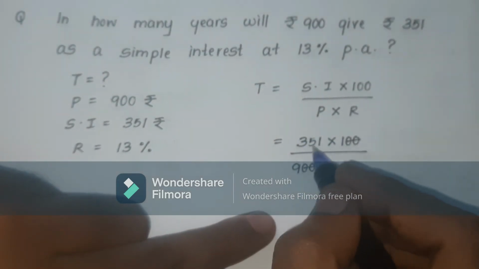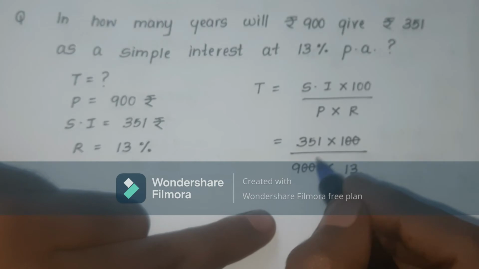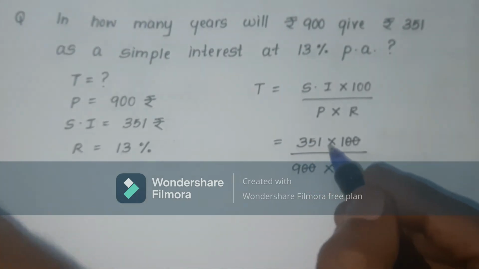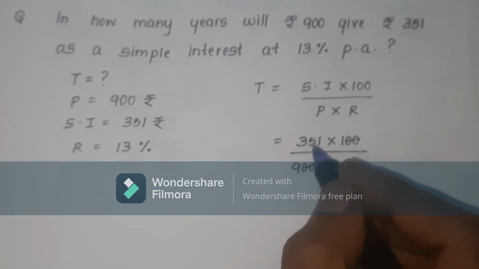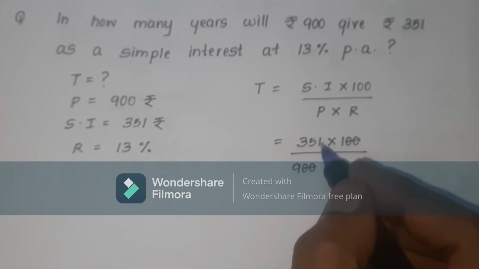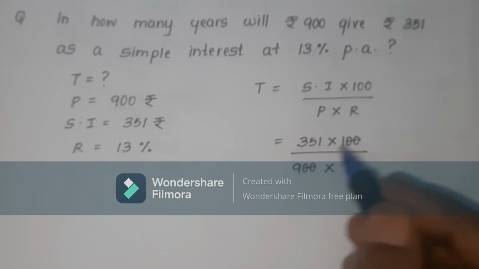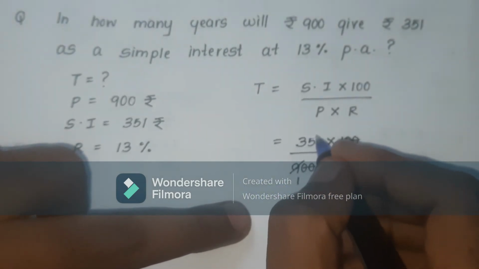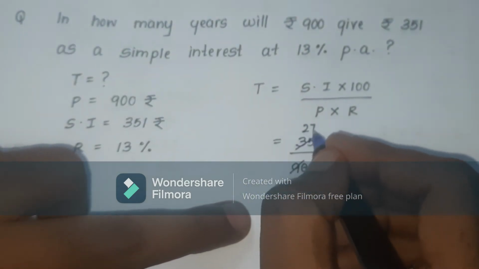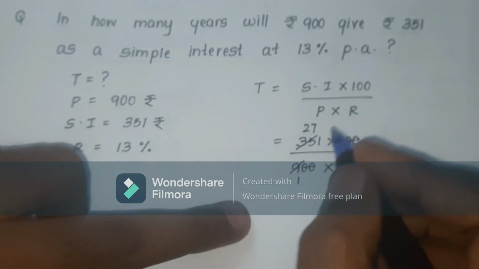Why? Because the sum of digits is 9. Or it is divisible by 9 also. What is the divisibility rule for 3 and 9, student? The sum of digits should be in the table of 3 or in the table of 9. So see, 3 plus 5 is 8, 8 plus 1 is 9. So 9 ones are 9. And we can cancel 9 ones, student, and 9 threes are 27, student. Okay.